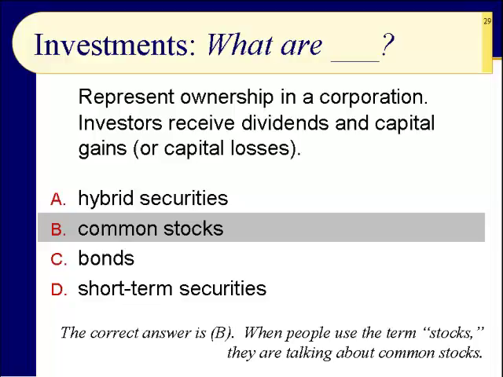When people use the term stocks, they are almost always talking about common stocks. Unless they say preferred, they really mean common stocks. And I know it's a terrible term, but it has to do with the fact that shareholders are shareholders in common. Every share gets one vote if there's a decision to be made. And we'll discuss this later when we get to stocks.